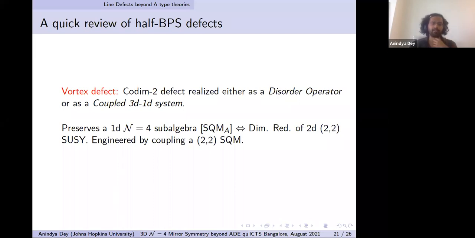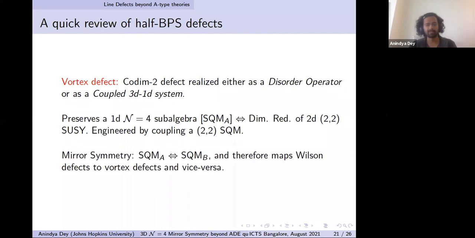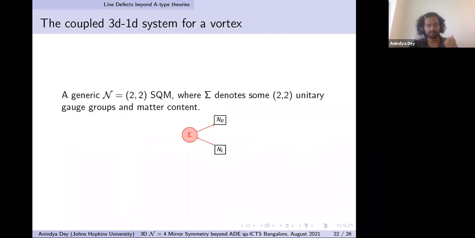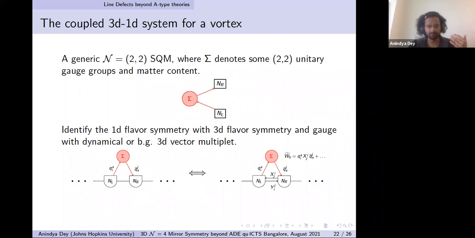And this is engineered by coupling a 2,2 superquantum mechanics. I'll skip the details because I've been over time, but the essential point is that pretty much everything that we did could be generalized to theories containing Wilson defects and vortex defects.